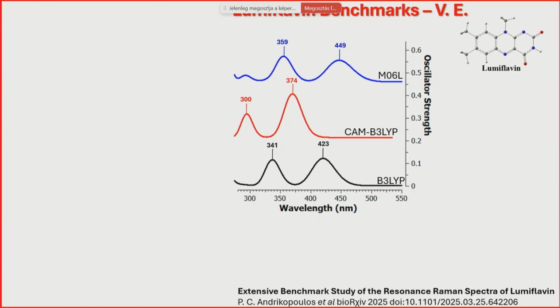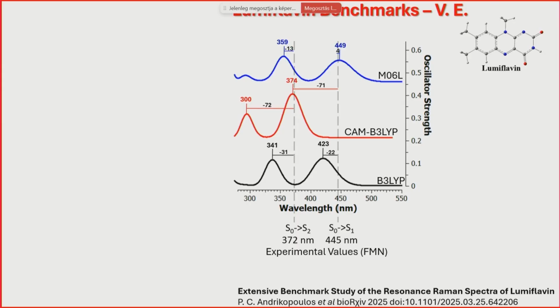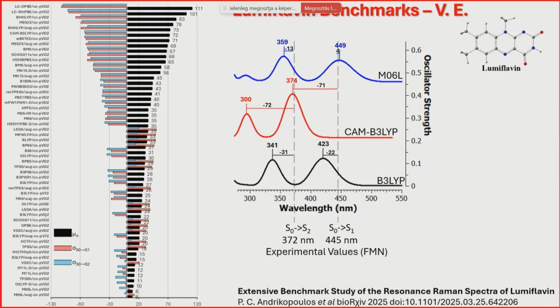The first part of the benchmark starts with the computation of the vertical excitations here. This can be directly compared to the experimental absorption bands of S0 to S1 and S0 to S2. We can calculate the deviation here, and we can compute it for all the functionals that are included in that study.